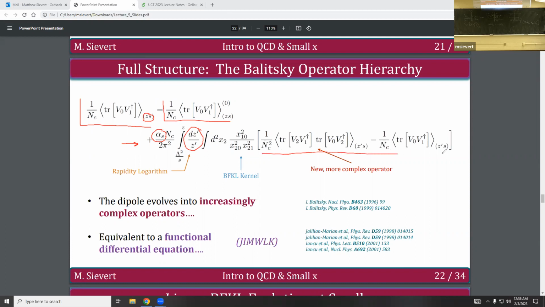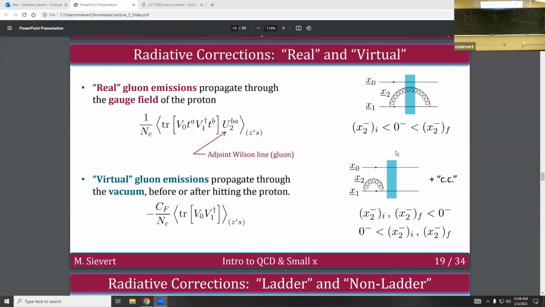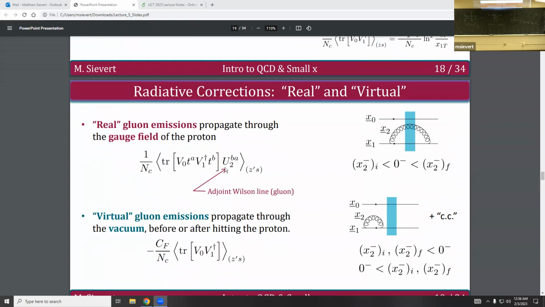The scattering operators here have been simplified a little bit. If I go back here, there's a nice trick that you can use to simplify the color algebra of this gluon Wilson line. The gluon Wilson line can be written as a trace involving the fundamental Wilson lines. It's just a color representation statement.